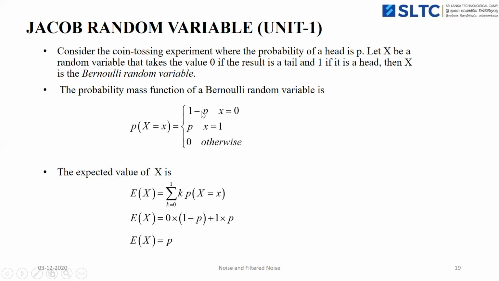For x equal to 0, the probability is 1 minus p, that's why we put 1 minus p here. When x equal to 1, the probability is p, so here we put p. So 0 into 1 minus p equal to 0, 1 into p equal to p. So the mean value of the Bernoulli random variable equal to p.